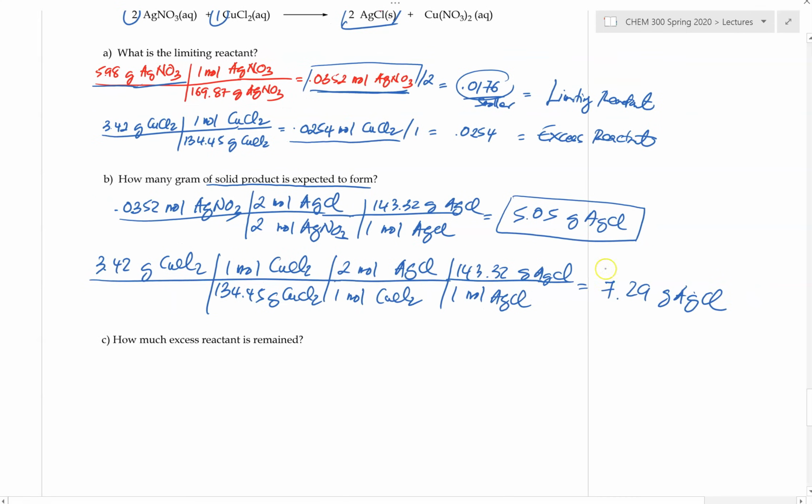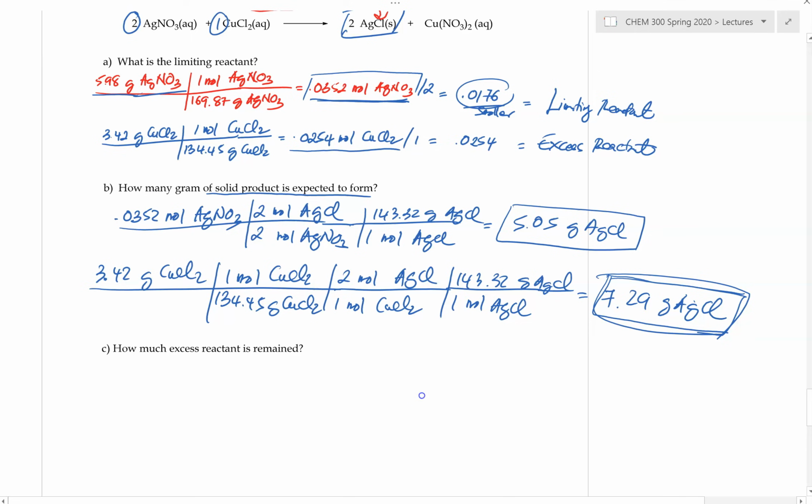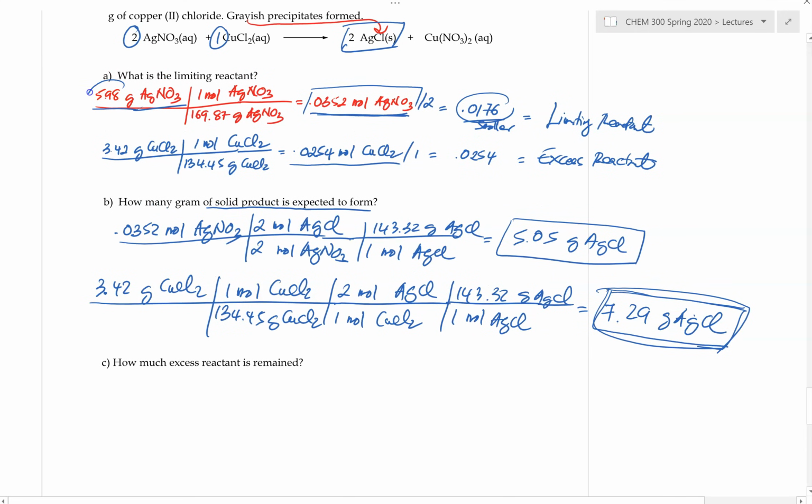So what this calculation right here is telling us is that if we were to use up the entire 3.42 gram of copper 2 chloride, we will be able to produce this much product. Versus if we were to use up 5.98 gram of silver nitrate, we'll be able to produce this much product right here. So therefore, we can see that the silver nitrate produces less product, right?